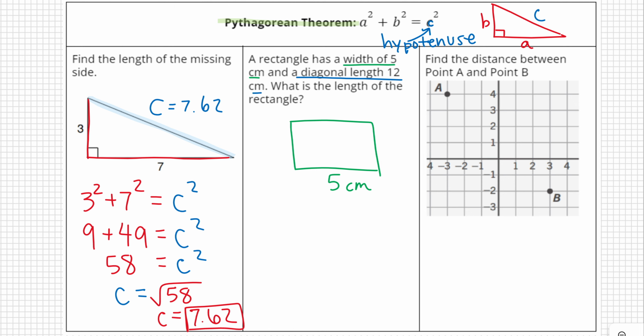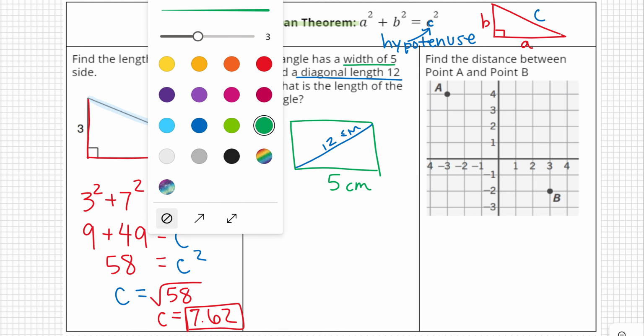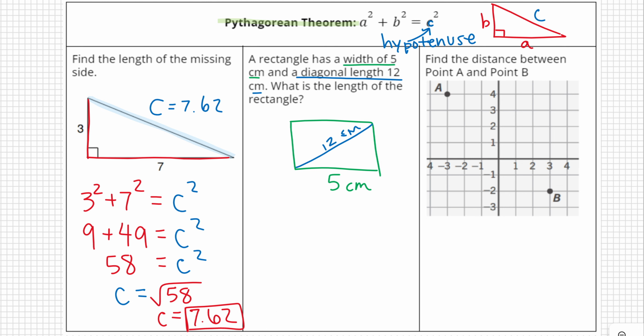So I can draw a diagonal like this. I could also draw it the other way, but let's just use this first one that I drew. And so this length is 12 centimeters. And then it asks us what is the length. So the length is this missing side right here.